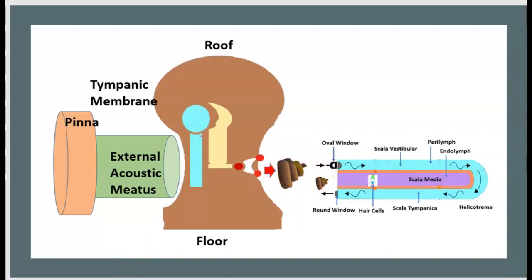The inner ear is a bony canal hosting the cochlear duct. When sound approaches the tympanic membrane, it oscillates. Frequency of oscillation is transmitted through the ossicular chain to the footplate of the stapes, which fits in a window called the oval window.